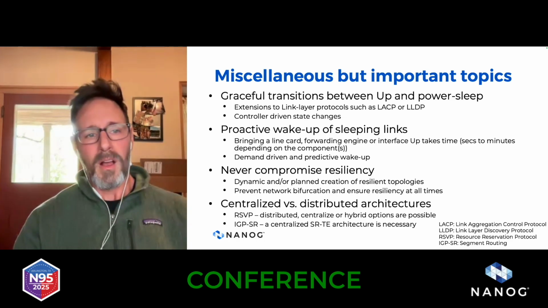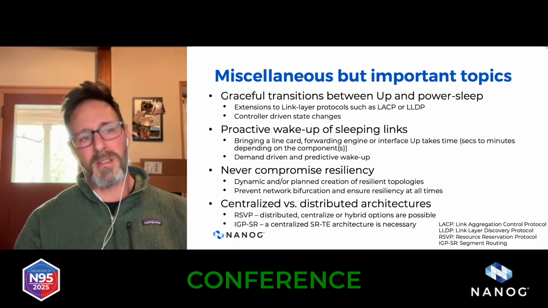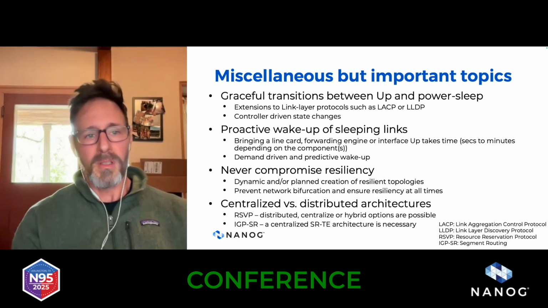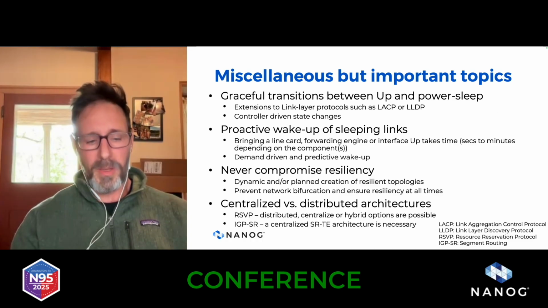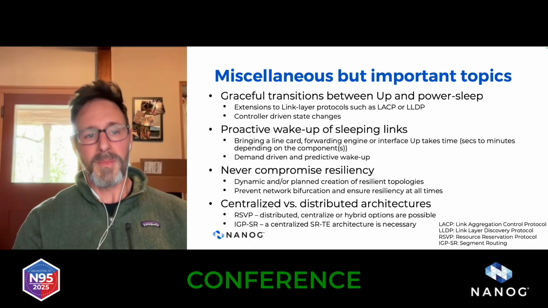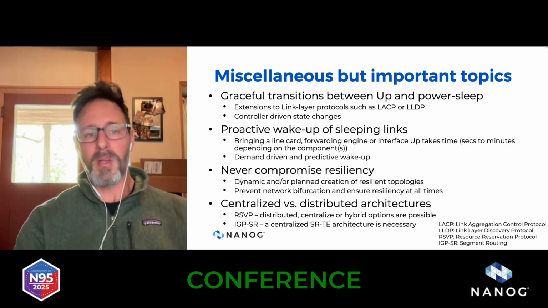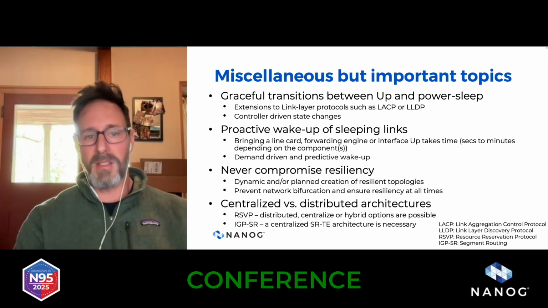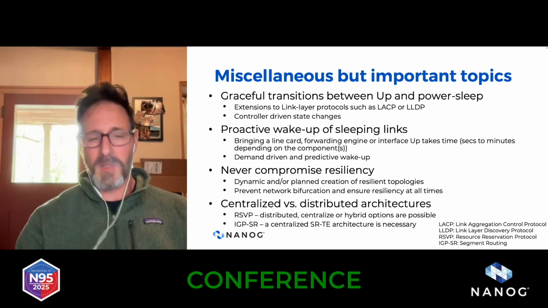The first one I'm going to briefly mention is the second bullet point, which is sleeping bandwidth and sleeping adjacencies and the potential need to proactively wake things up. As you can imagine, it takes time to bring up a line card or a forwarding engine or even interfaces, varying from seconds to minutes depending on what has been turned off.